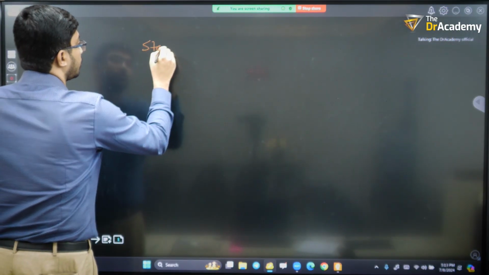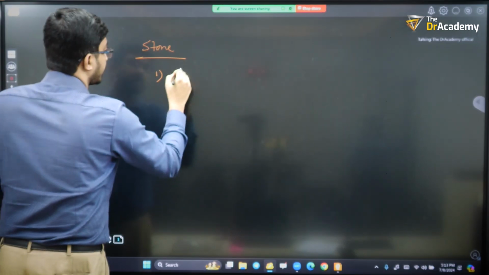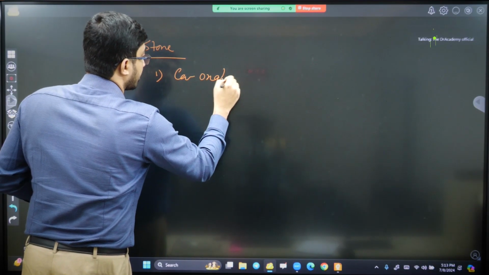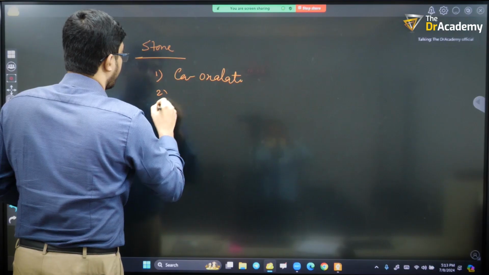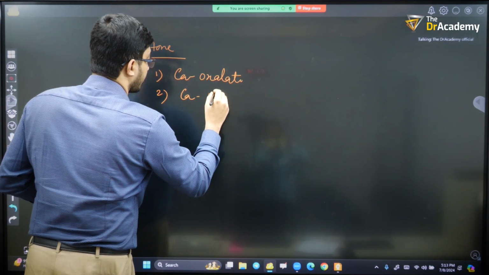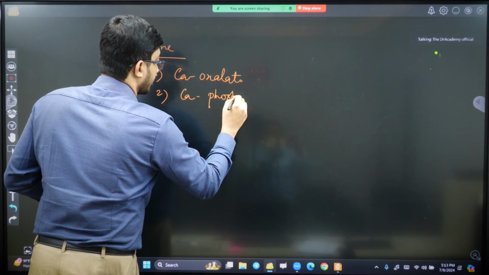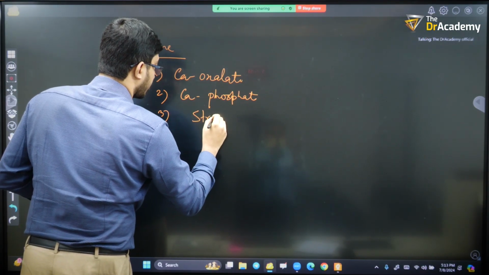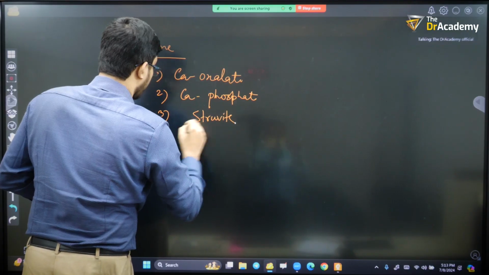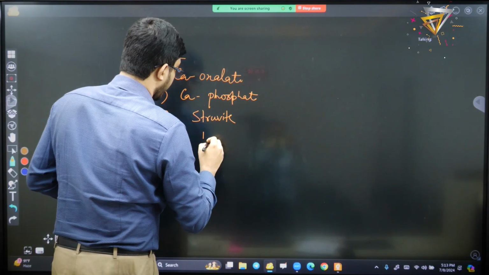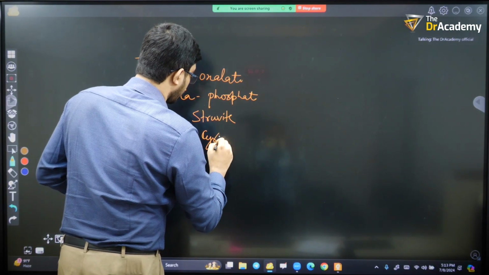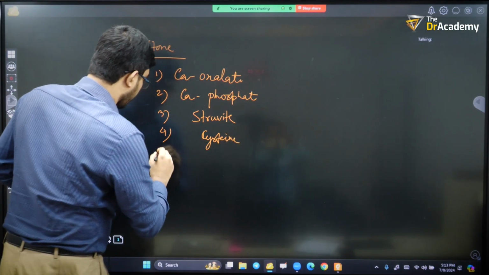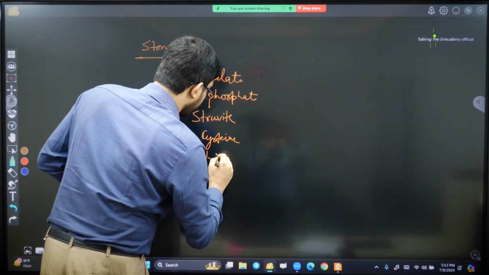So urinary stone, number 1 is calcium oxalate. This is the most common. Number 2 is calcium phosphate. Number 3 is struvite stone. Number 4 is cystine stone. Number 5 is uric acid stone.